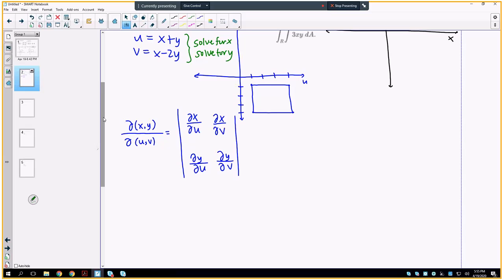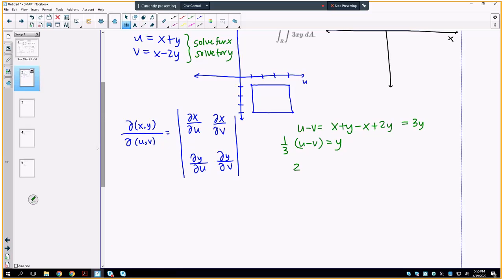So let's try to solve this system of equations for x and y. If I do u minus v, then I get x plus y minus x plus 2y, and that's 3y. So u minus v times 1/3 is equal to y. And what if I multiply u by 2?